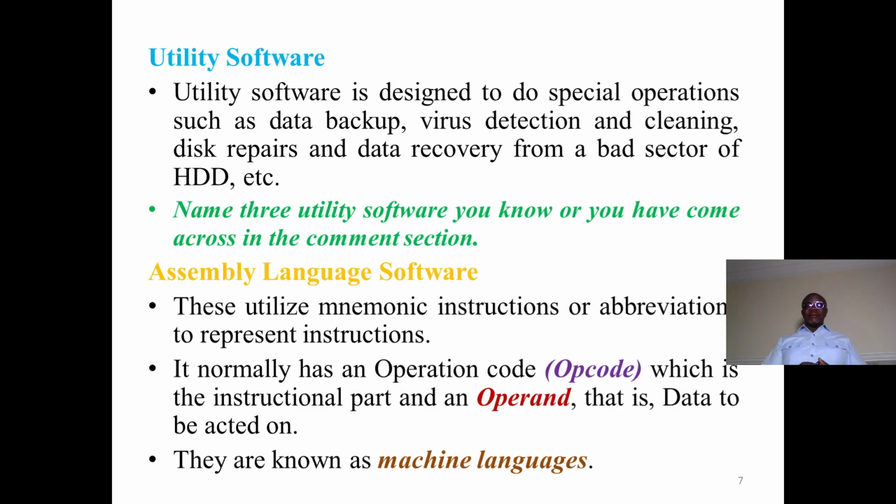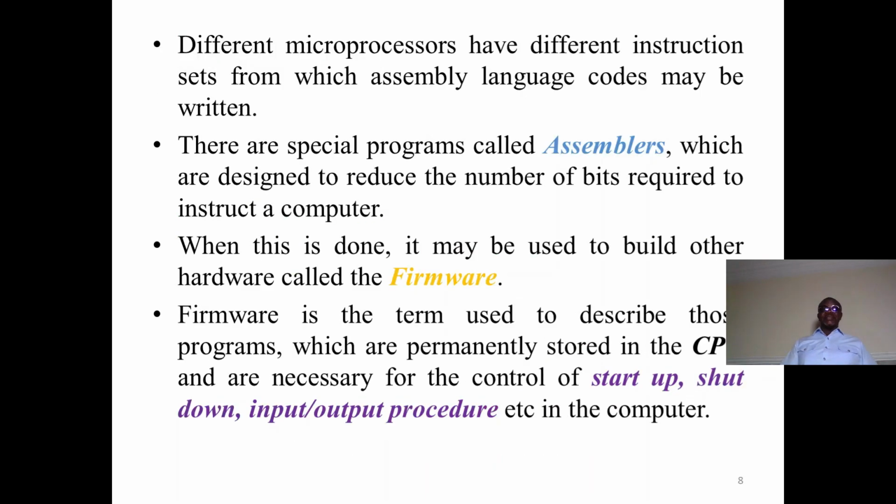It normally has an operation code, otherwise known as the opcode, which is the instructional part, and an operand, that is the data to be acted on. They are also known as machine languages. Different microprocessors, as we have seen in past topics, have different instruction sets from which these assembly language codes may be written.